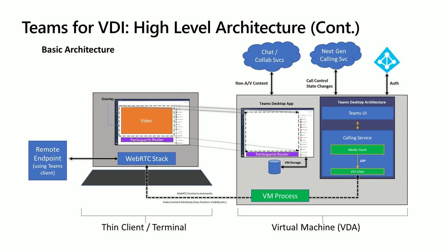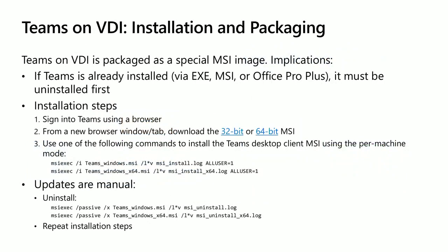But the key thing to notice is this picture there, the thing in orange. That is basically remoted. There's a version of that running in the server. And you'll see why in a second. But you can kind of think of it as a version of that meeting. Everything that a user is seeing is running on the server. You'll see exactly how that works in a second in some pictures.